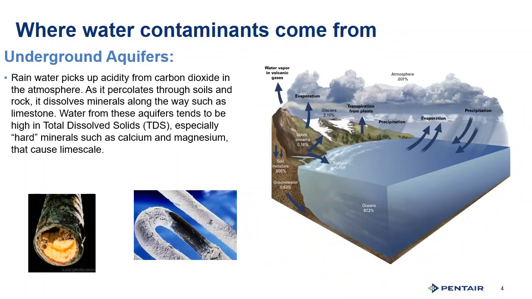And the interesting thing about this is the dissolving of carbonates from granite or rock strata is the largest point source of CO2 in our environment. It comes from this cycle. So CO2 is a natural part of this cycle.